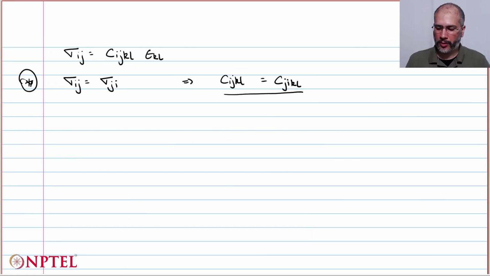So let's see this term by term. So let us say we're talking about C_12kl is C_21kl. So C_21kl for all values of k and l will be a total of 9 components.